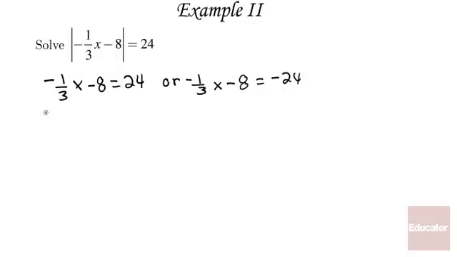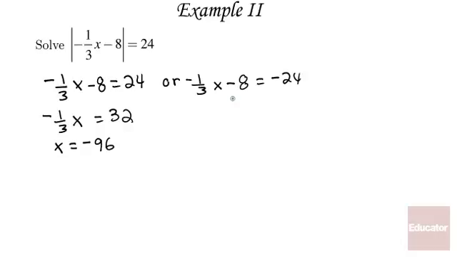Going ahead and solving both of these, I'm going to add 8 to both sides to get negative 1/3 x equals 32. Then I'm going to multiply both sides by negative 3 in order to isolate x, and that's going to give me x equals negative 96 for this equation.